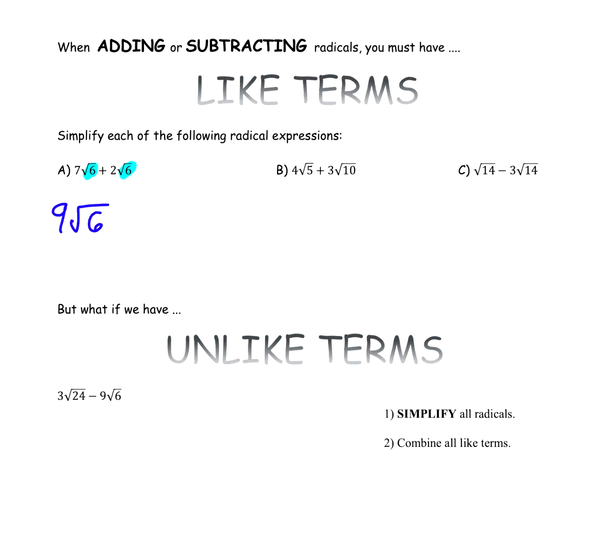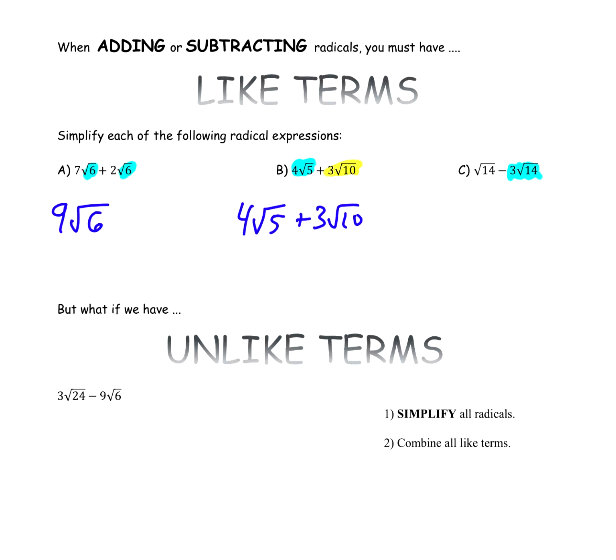Looking at b, we have 4 radical 5 plus 3 radical 10. These are unlike terms, so we can't combine them. So it just stays 4 radical 5 plus 3 radical 10. Nothing we can do there. And c, we have like terms here because the radicals are the same.